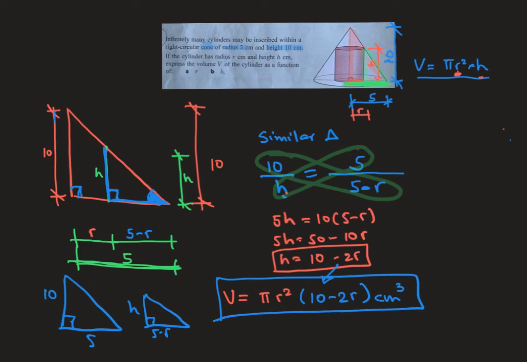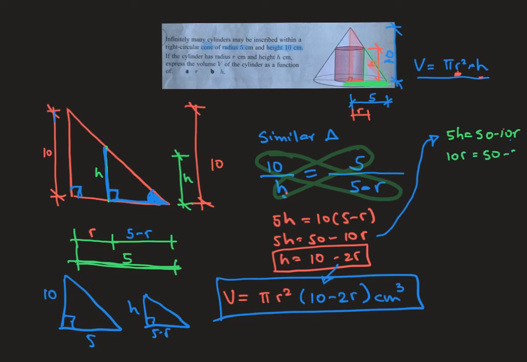Now, if you do want it in terms of H, we had H equal to, from this step there, so first I'm going to rewrite that step. So it's 5H equals 50 take away 10R. Now we want R by itself. So 10R on this side.